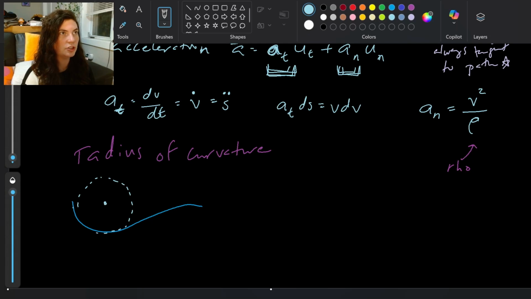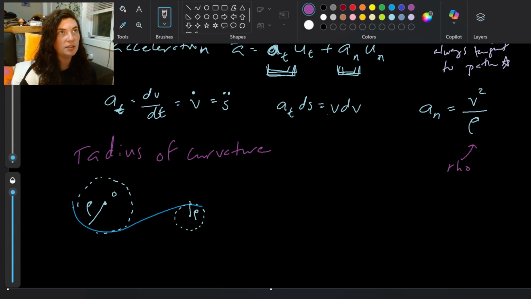The radius of curvature is the center of that circle. Rho. This is some origin point, and then as the curve changes, it may be a different circle. So over here, the value of rho, this radius of curvature, might be smaller. So this radius of curvature represents the radius from a fixed point, from a center point, to the curve.